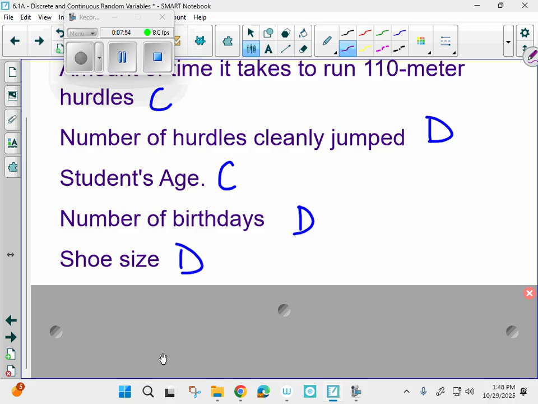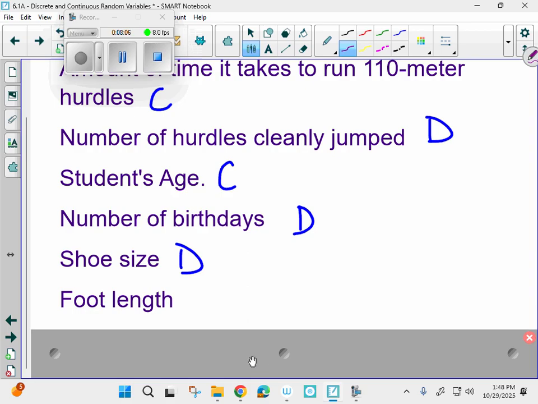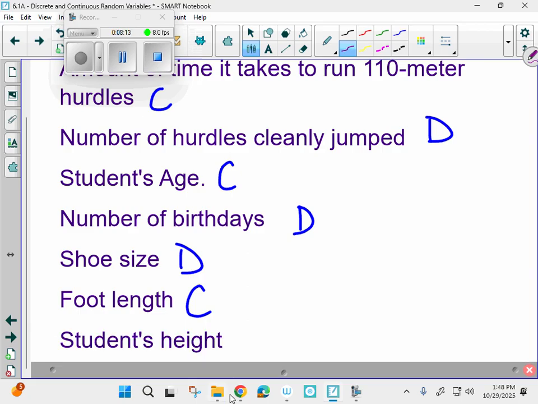They provide you with a 7.5. Even though it's a half, you can't have a 7 3/4 size, or a 7.25678 size. So you have to fit into a half size. But your foot length is continuous because it could be a teensy bit bigger than someone else's foot length. And your height is continuous.